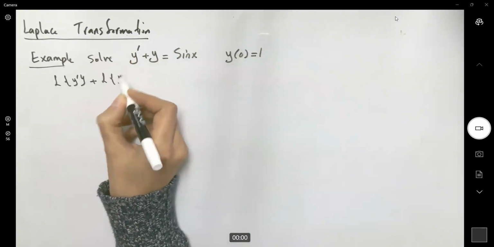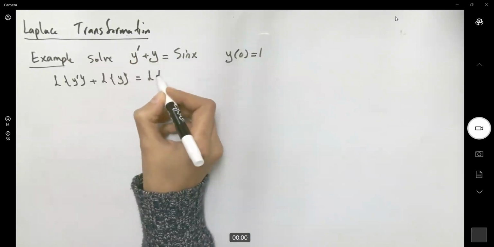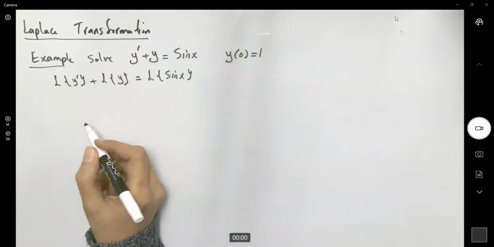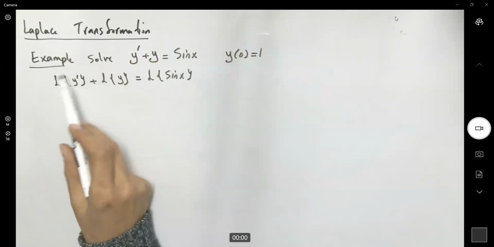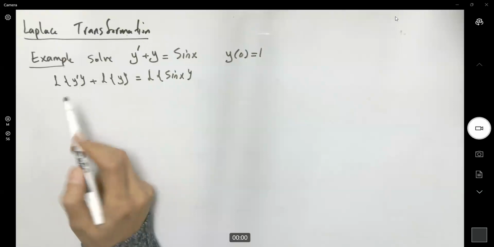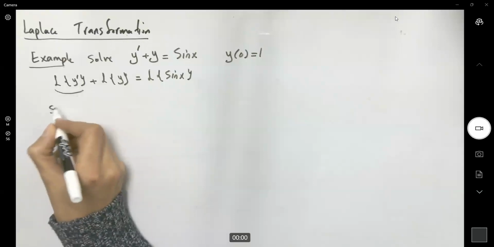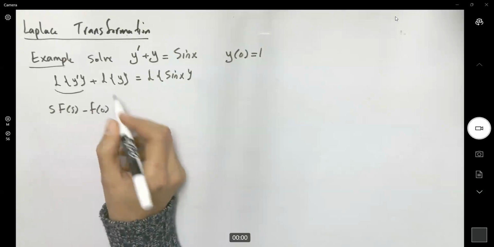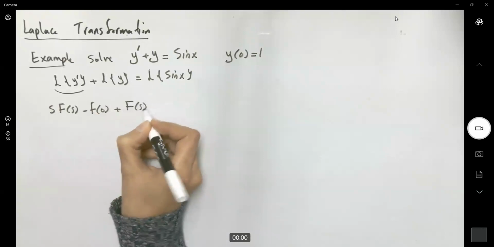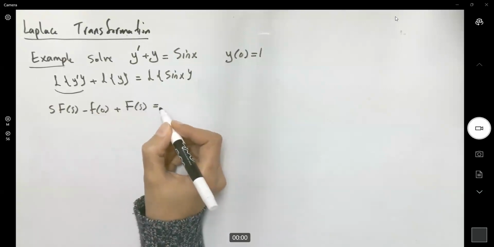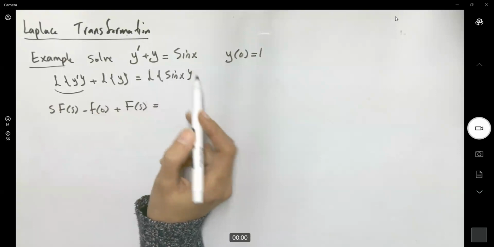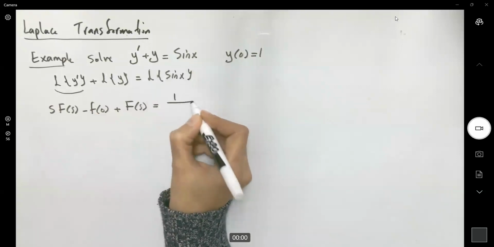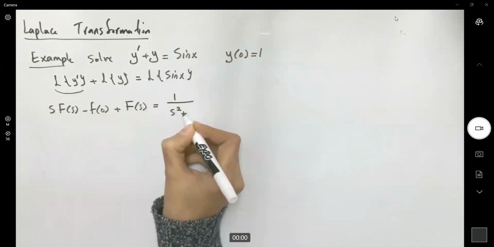It's just an operator. So it is equal to the Laplace of sine x. So what's the meaning of that? It means that here we have the Laplace of the derivative, which by definition is s F(s) minus f(0), plus the Laplace of y, which is just F(s), equals, well, the Laplace of sine x, which becomes 1 over s squared plus 1.